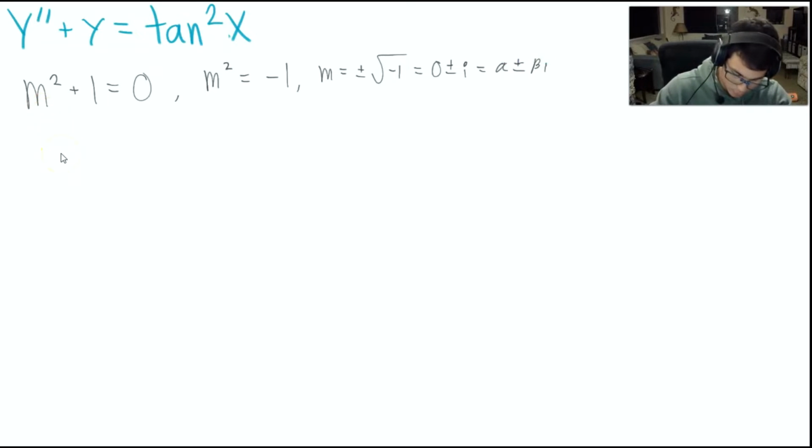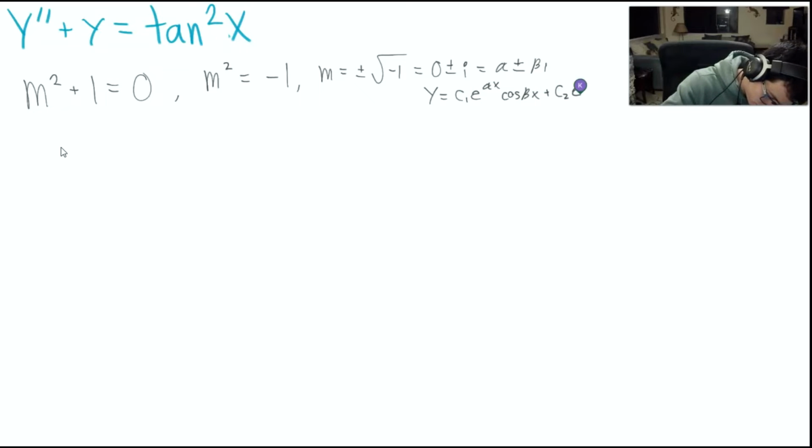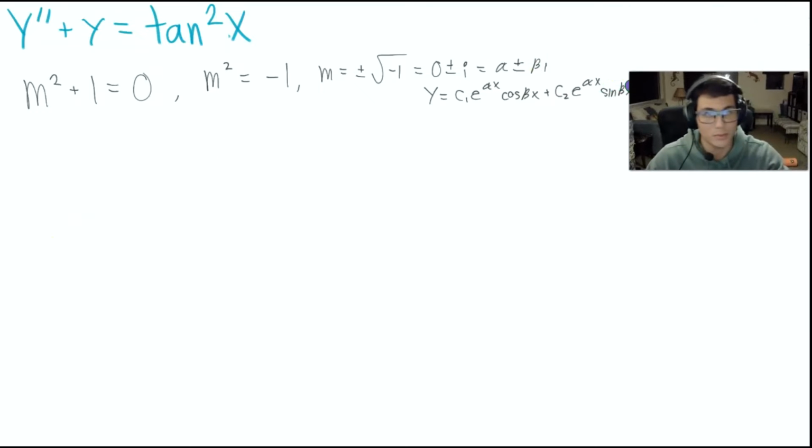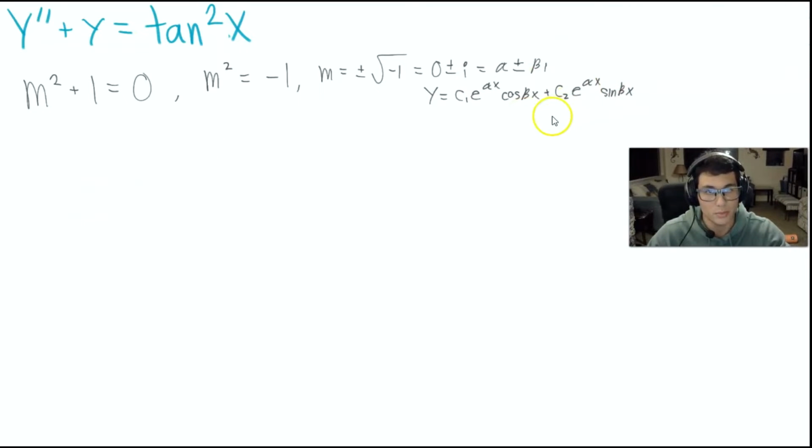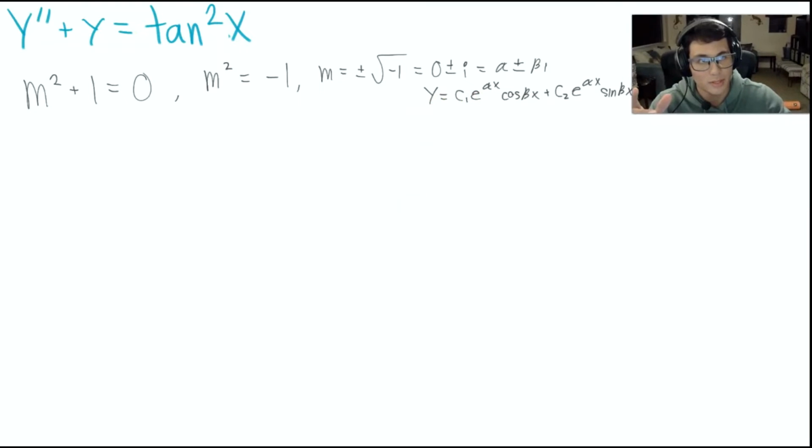And if you don't remember, we are going to use y equals c1 e to the alpha x cosine beta x plus c2 e to the alpha x sine beta x. That is the general formula we're going to use to find our complementary solution. We always need to find that.